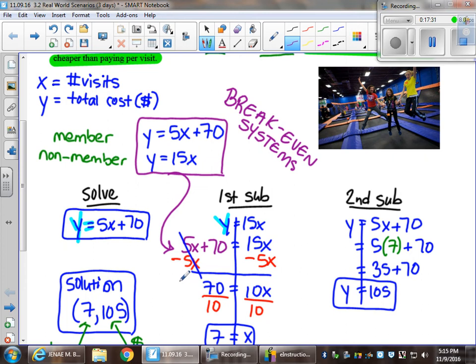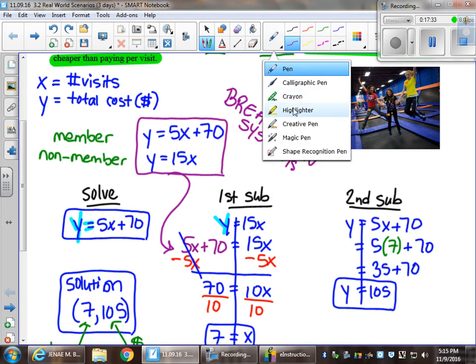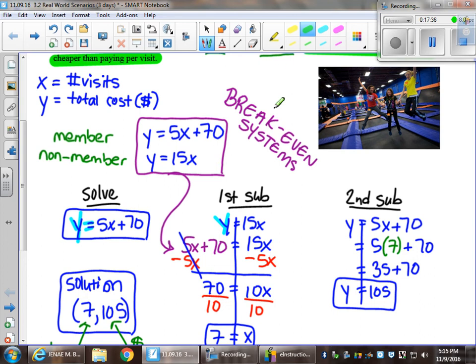As of this first example, I do plan on, when I have a break-even system, straight up setting up this equality, setting one equal to the other. If you're comfortable with that, please join me in doing that. If you're not, go ahead and still work with your 3 steps. We'll still get the same answer. You'll just have a little bit of a pre-step right here, which is fine, totally okay.